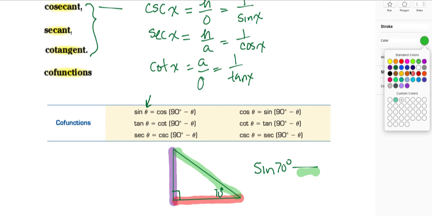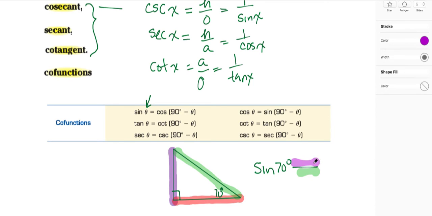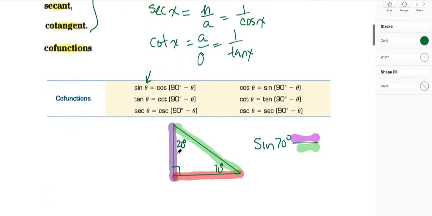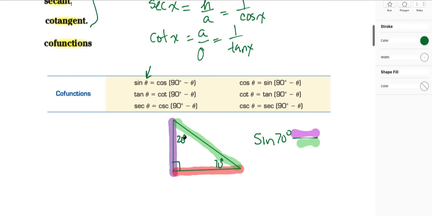So think about if we were to talk about the cosine of this angle up here. Now, if I'm up here, this is 70, this is 90, we know all of this adds up to 180. This right here has to be 20 degrees, which is 90 minus 70. What is the cosine? Cosine is adjacent over hypotenuse, and the side adjacent to the 20 degrees is purple over green.